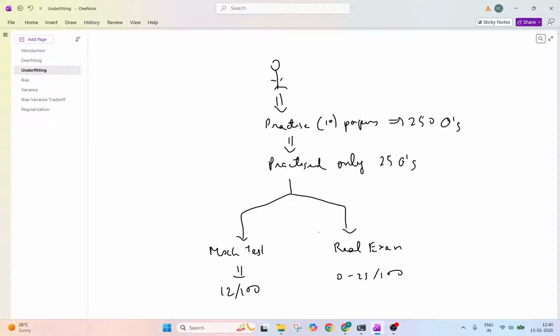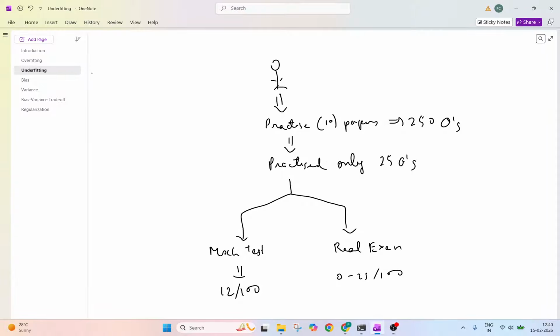In overfitting, you at least practice the entire mock tests, so there is a possibility that you can still perform well in the real exam. But in an underfitted model, there is absolutely no chance because you did not practice well. So think of it as a lazy student who does not study, right, and gets poor marks both in mock tests and in real exams. Now, what should the ideal student do?